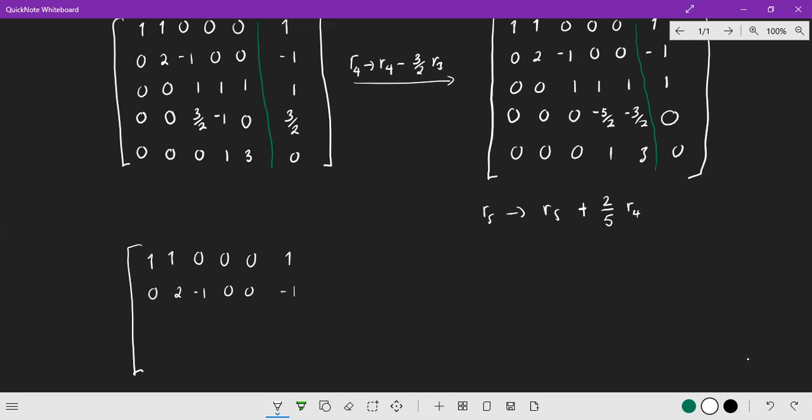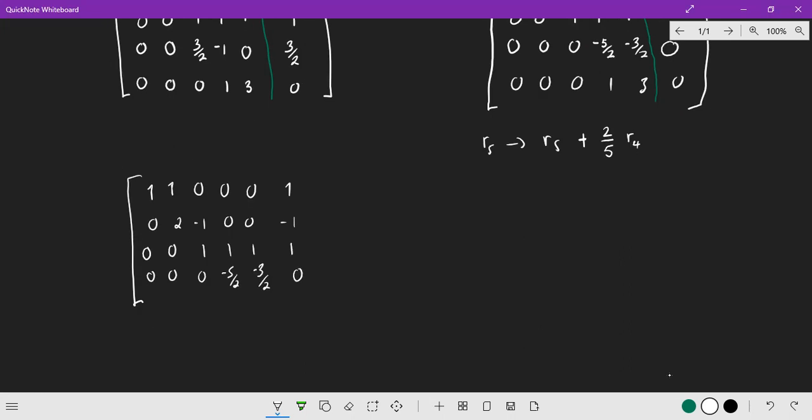So we have 0, 2, negative 1, 0, 0, negative 1, and we have 0 here, 0, 1, 1, 1, 1, and then you have 0, 0, 0, negative 5 over 2, negative 3 over 2, okay, 0, and then finally here, what do we have here? 0, 0, 0. After doing the row operation, this also becomes 0.